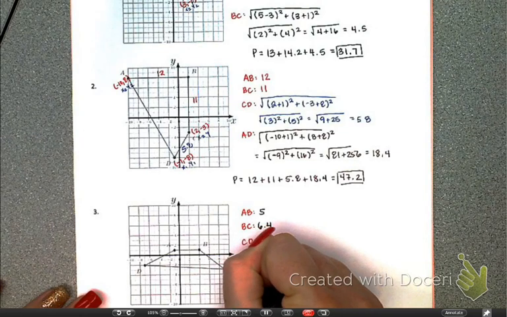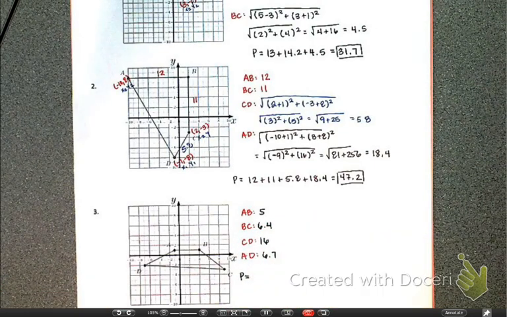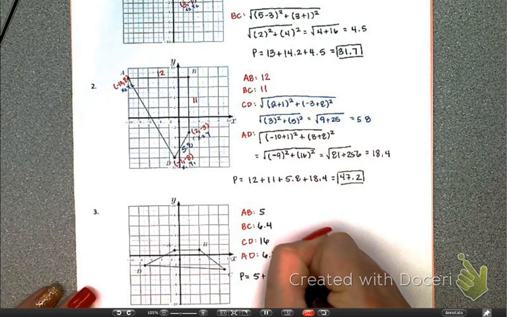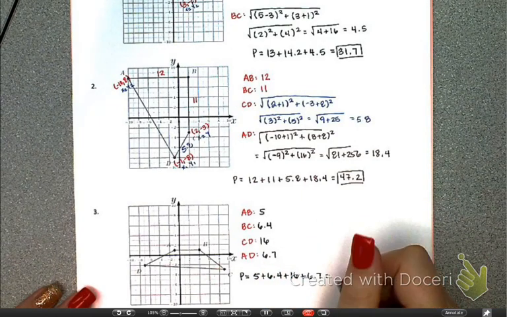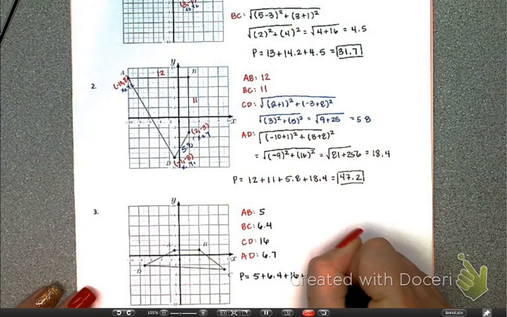Yes. Okay, final answer. Five plus 6.4 plus 16 plus 6.7 equals 34.1.